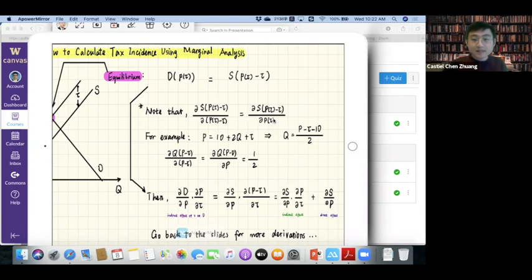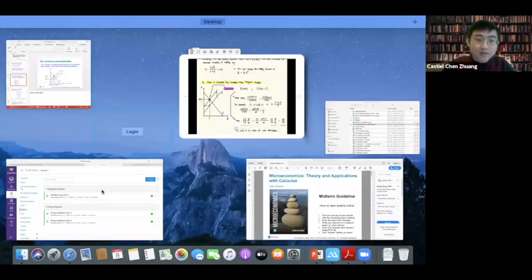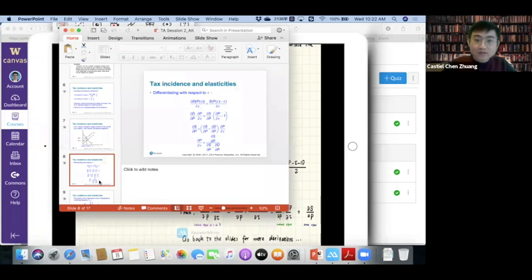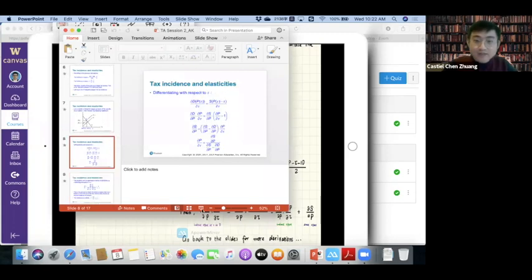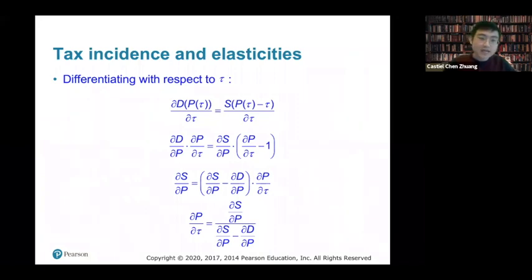And after doing this, you can rearrange this final equation to get an expression for dP over d tau. So this is actually in the textbook as well. So you can check the derivation in the textbook.